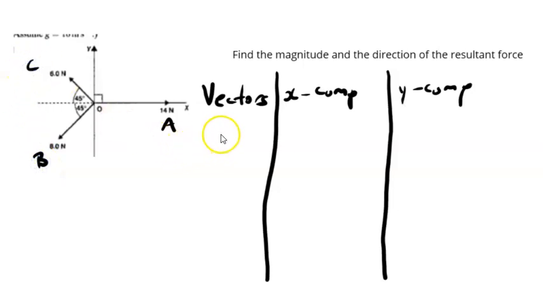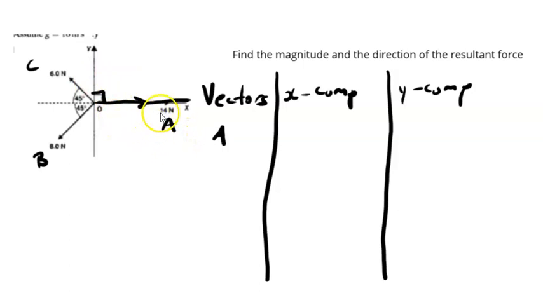Looking at A is kind of a special case. Notice that this is a 90-degree angle. So once we have a force under this scenario, it has no y component. The elevation is nothing.